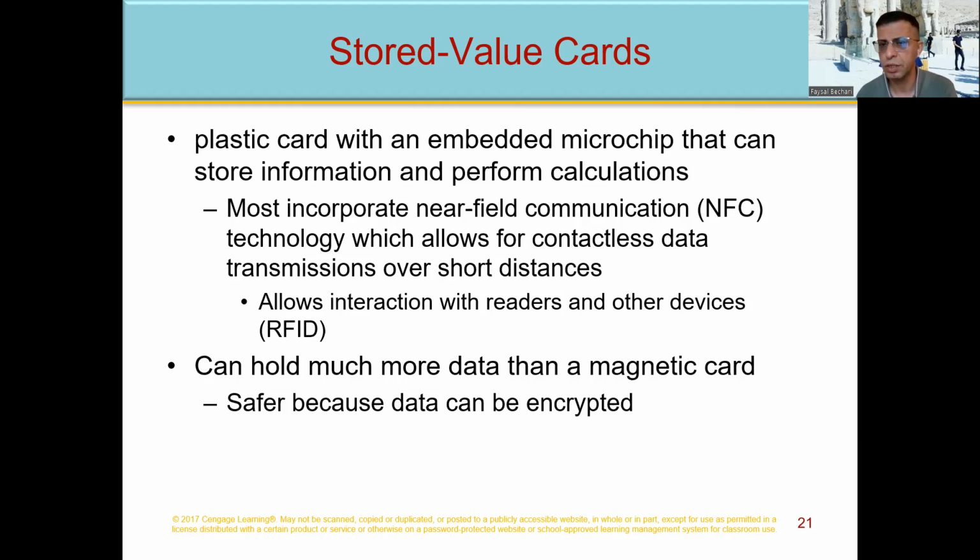Near field communication is a technology which allows for contactless data transmission over a short distance when you're tapping the card. It uses RFID technology and allows interaction with readers and other devices. It can also hold much more data than a magnetic card and is safer because the data can be encrypted. I can explain what an RFID is and how it works.